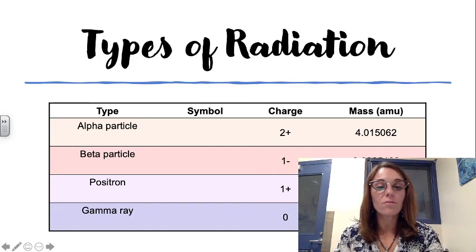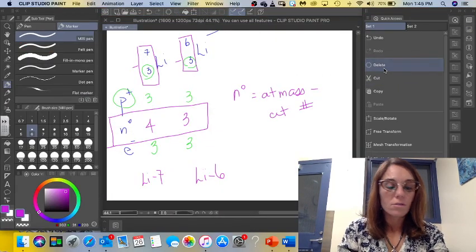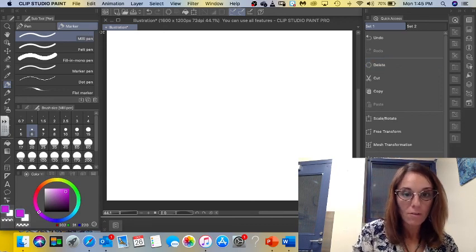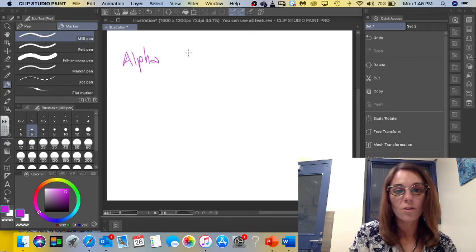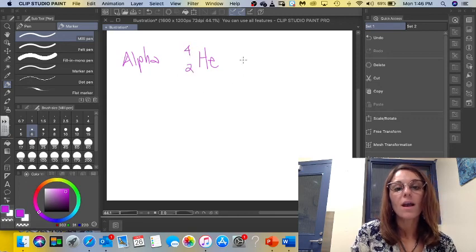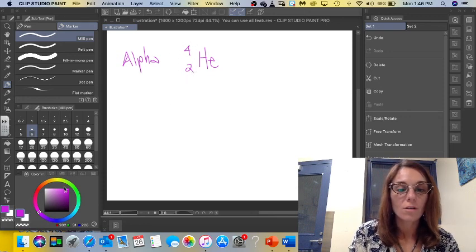So the symbols for these, let's go over here. We've got alpha particles, and you may want to include this in your notes. Alpha particles, the symbol for that is He, 4, and 2. This is written in standard atomic notation. This is the mass, and this is the charge.